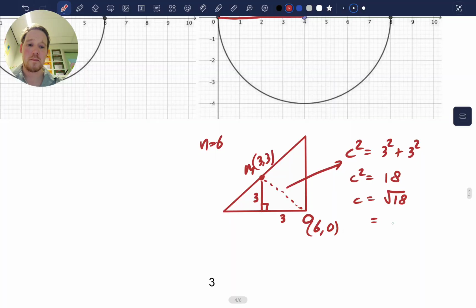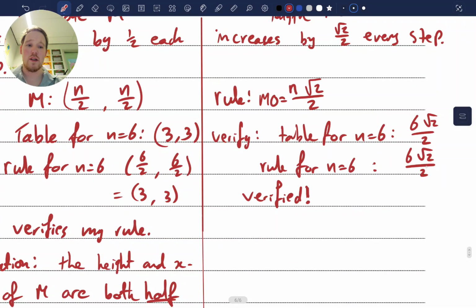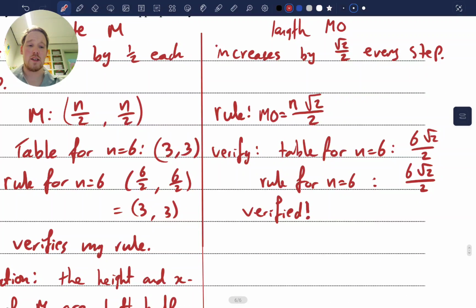Well, it's the square root of 2 times the square root of 9, which can be simplified to 3 times square root of 2. Now let's go back and compare to our other value here. These 6 root 2 over 2 can also be simplified to 3 times square root of 2. So you could also verify this with the diagram and see that they're the same. I would probably even prefer that.